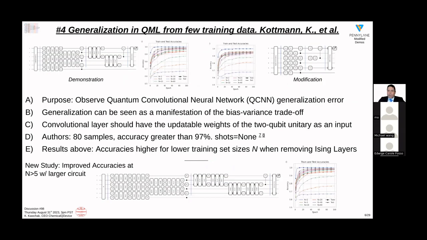So this specific one, initially I removed these, they're called Ising layers. And then with a smaller circuit, for training sets that were lower in number, say this blue line, especially with this orange line up here, it was better, right? But typically, you want bigger quantum circuits for bigger data, that type of stuff.